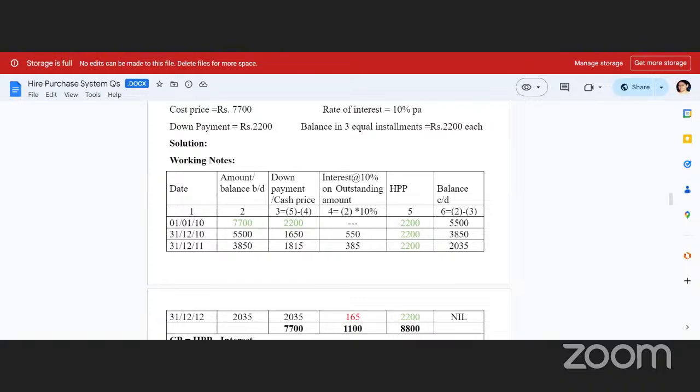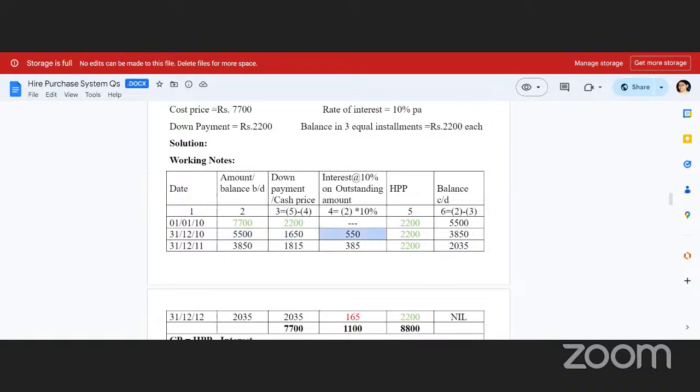Okay. So now by the year ending, how much more amount you are supposed to pay to the supplier? From the 5,500 minus the 1,650, because your loan amount balance is 5,500, but you paid only 1,650 of principal.